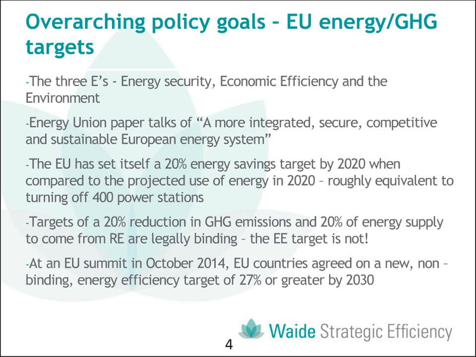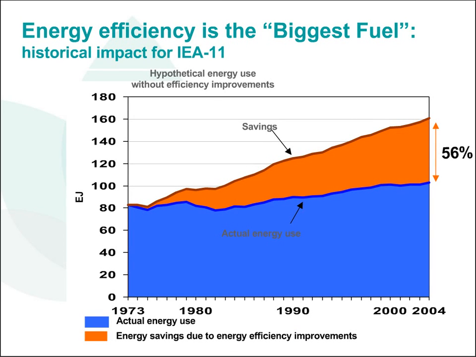Over the longer term, the EU has a policy objective by 2050 of reducing its greenhouse gas emissions by 85% or more compared to 1990 levels. And climate change does remain a key driver of EU energy policy, along with energy security and economic efficiency issues. Now, why the focus on energy efficiency?